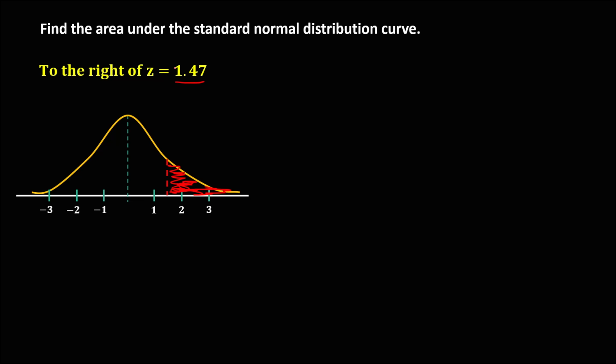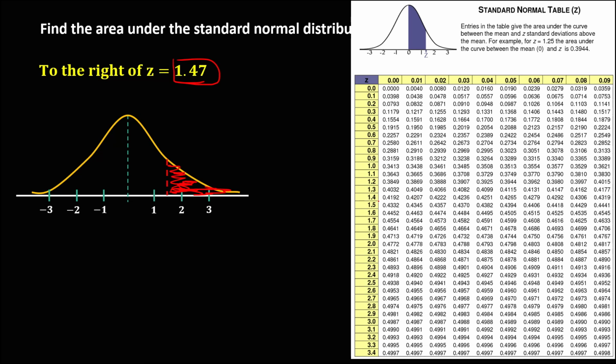So first, we need to find the area for this 1.47. So we have this 1.4, 0.07, that's 1.47, then you connect. So therefore, the area is 0.4292. So this is the mean. This is positive 1.47. Therefore, this area is 0.4292.